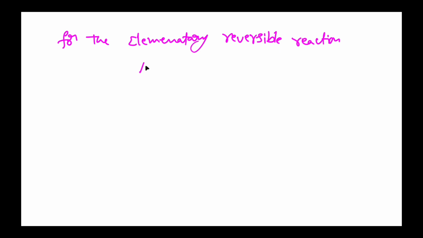For the elementary reversible reaction, that is A gives rise to 2B. This is forward reaction, this is backward reaction. This is Kf and this is Kb.